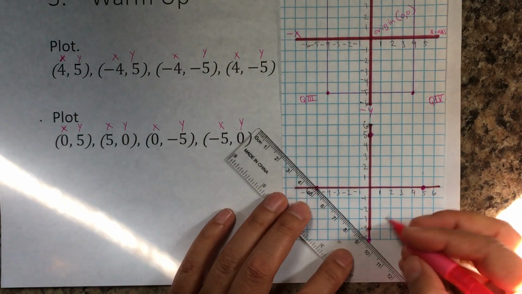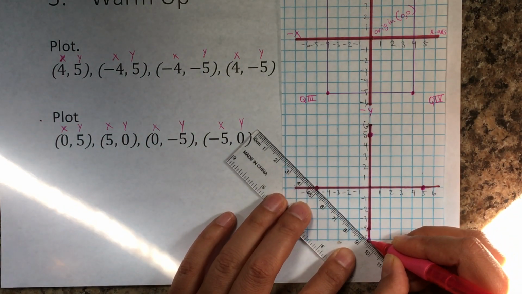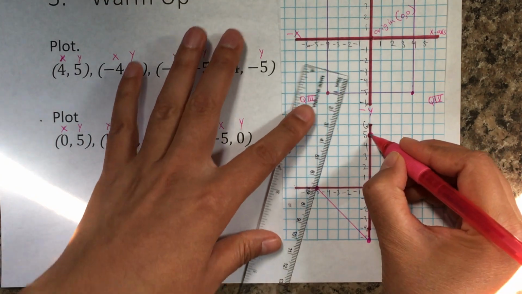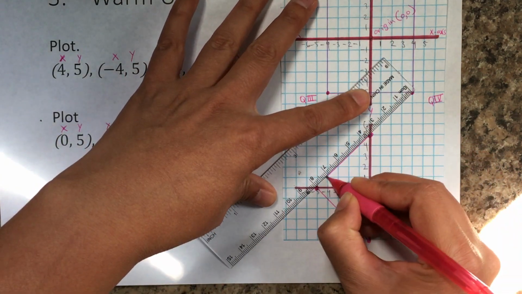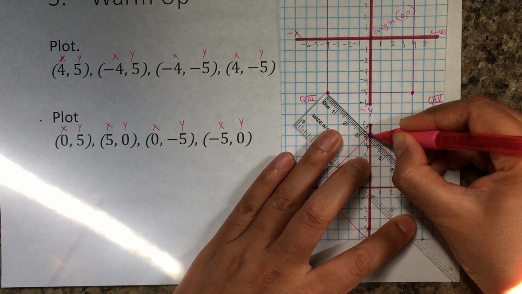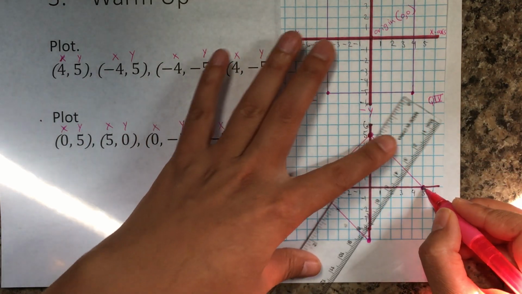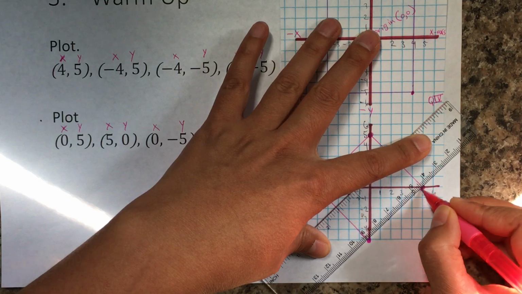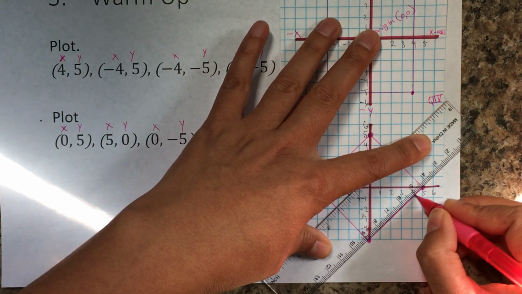And I'm ready to connect my points. And what kind of shape is it? Well, you can see that it's a rhombus or diamond, okay?